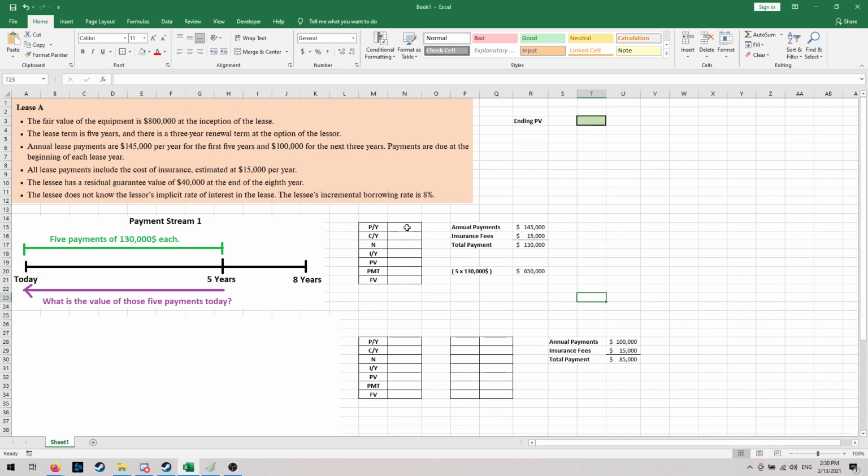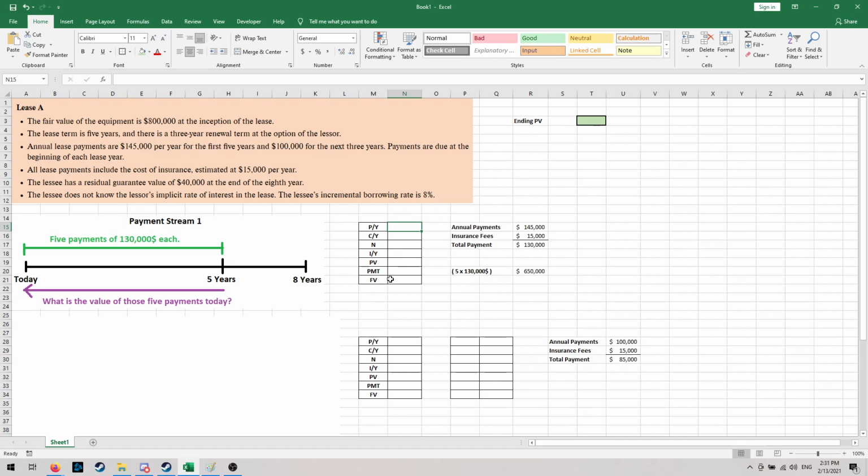In particular, we're going to look at how many payments per year, how many times we compound the interest, the total number of payments, the interest rate per year, the actual amount of the payments, and the future value. And PV, what we're actually looking for here, isn't known yet.